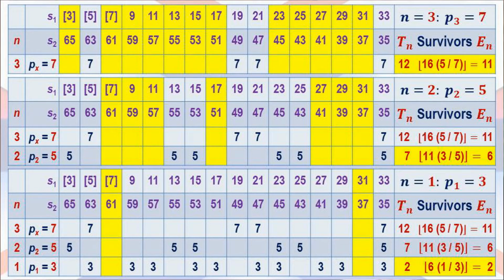So they get knocked out. They can't be Goldbach partitions, leaving 12 of the 16 to fight another day. We go on to the middle panel where P2 equals 5. We knock out another 5 partitions, leaving just 7 remaining, and then we go down to P equals 3 in the bottom panel. Another 5 get knocked out, leaving just 2 remaining.